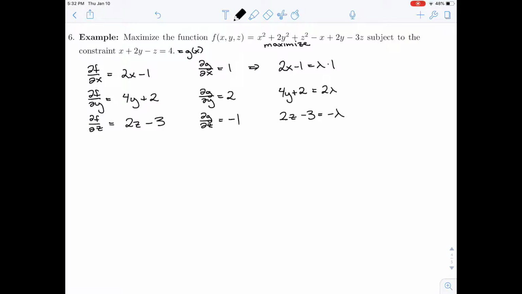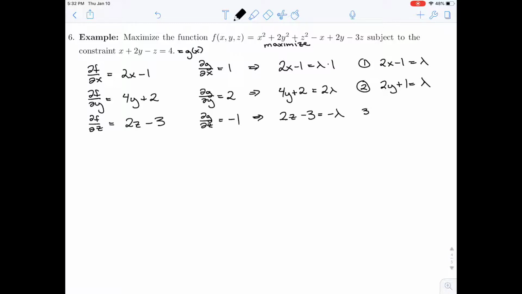Okay, so our method has been to always solve for lambda. So we still have, for our first equation, that 2x minus 1 equals lambda. For a second equation, we'll divide by 2, so that 2y plus 1 is also equal to lambda.